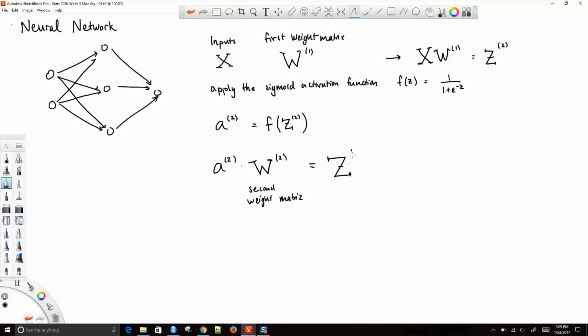This provides the inputs at our third layer. And lastly, we apply the activation function to these values, and this provides our predictions. Okay.